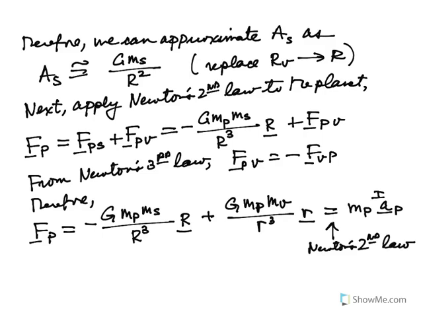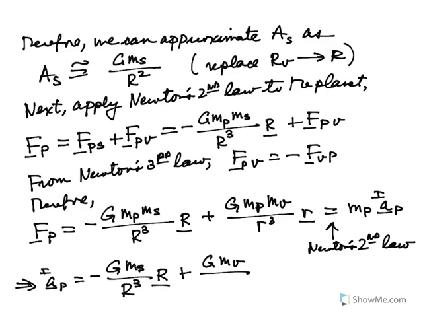So as a result, the acceleration of the planet in the inertial frame is equal to minus G times the mass of the sun, all divided by R cubed times R, plus G times the mass of the spacecraft, all divided by r cubed times r.